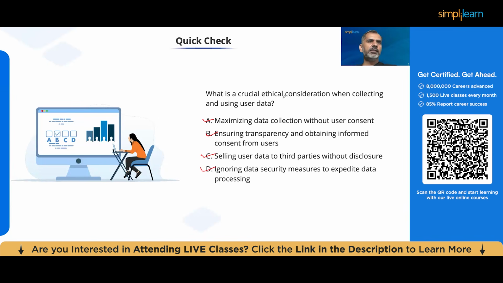So the crucial ethical consideration when collecting and using user data is that you have to ensure transparency and obtain informed consent from the user. That's the right option, and that is all like we discussed, guys. So option B is the right option.